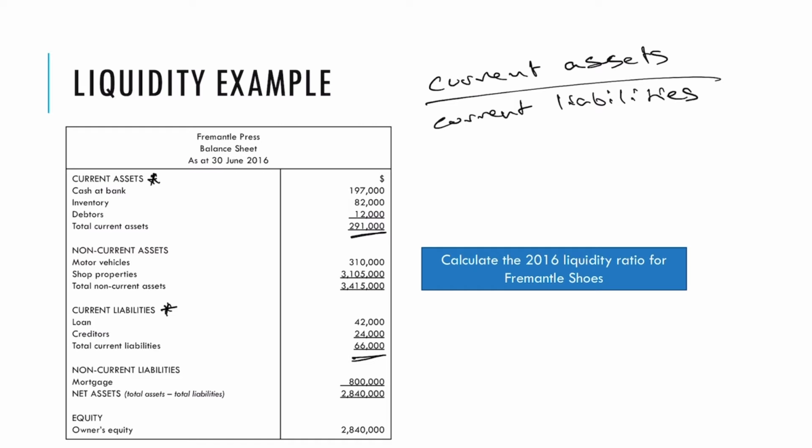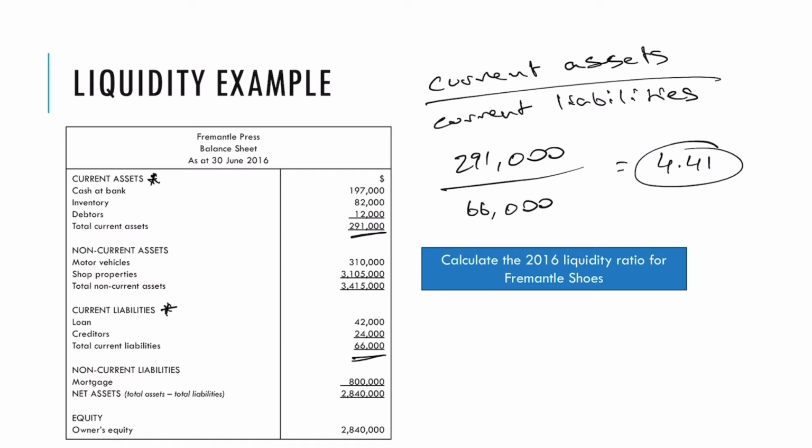But to get an actual measure of the ratio itself, we're going to take this number, 291,000, and divide that by 66,000. What we get at the end of the day is this ratio, which is 4.41. So this is a really high ratio in terms of liquidity for a company.